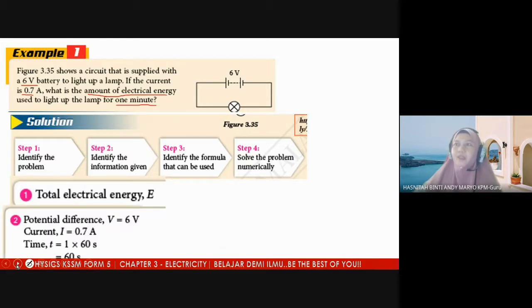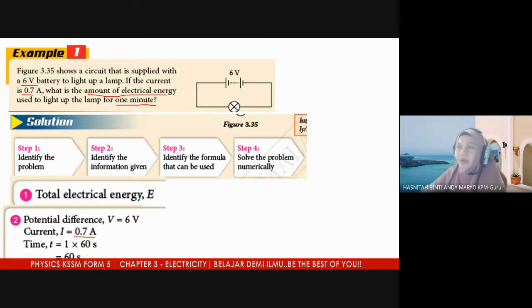So what is the information given? This is all the information you are given. The potential difference is 6 volt. Current flowing through the bulb is 0.7 ampere, and the time of operation is 60 second. 1 minute is 60 second. Now which equation do you think we can apply here to find electrical energy?